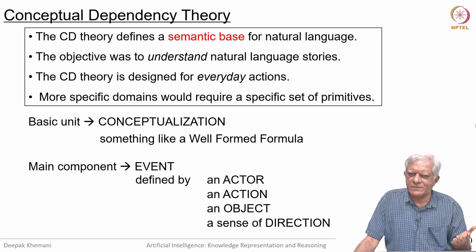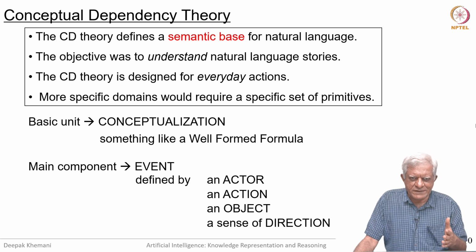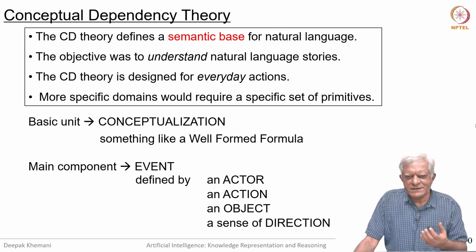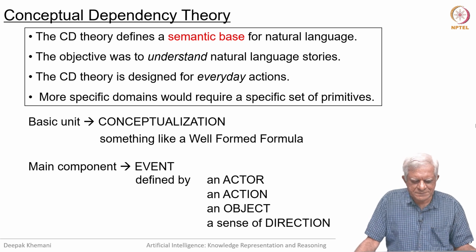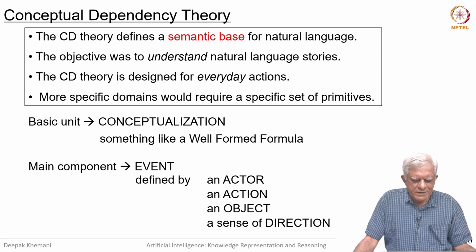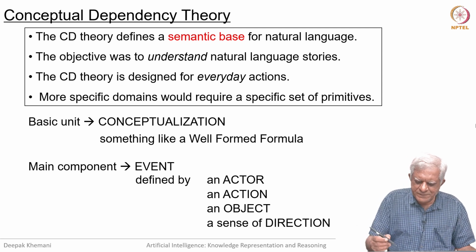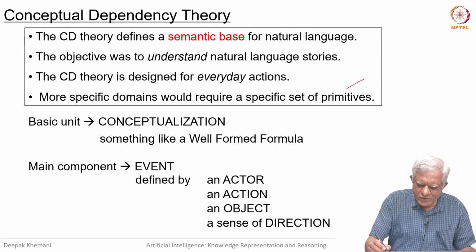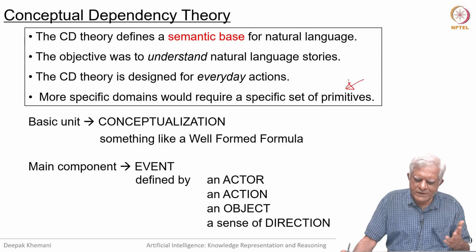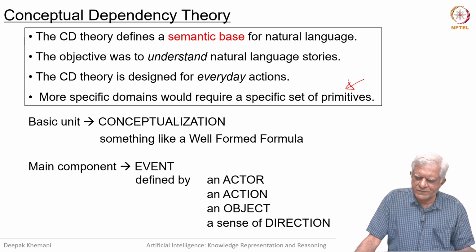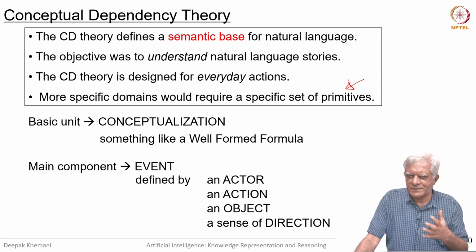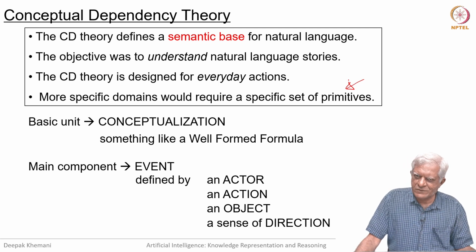So, this should basically illustrate the idea. It does not mean that we should use the same predicates, because they are actually in some sense very fine grained, as we will see. So, that is what I have said here, that more specific domains would require specific sets of primitives. So, if you want to do knowledge representation in a particular domain, you can choose your own set of primitives.